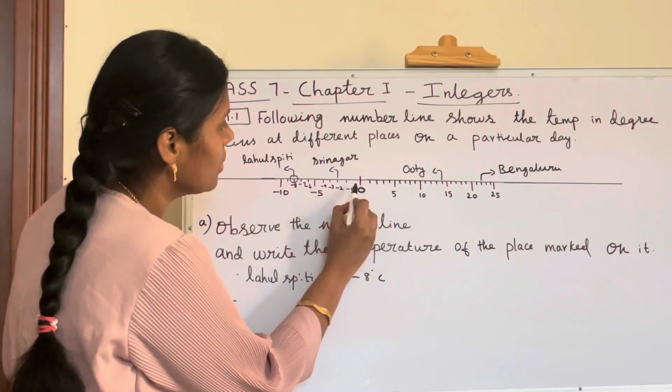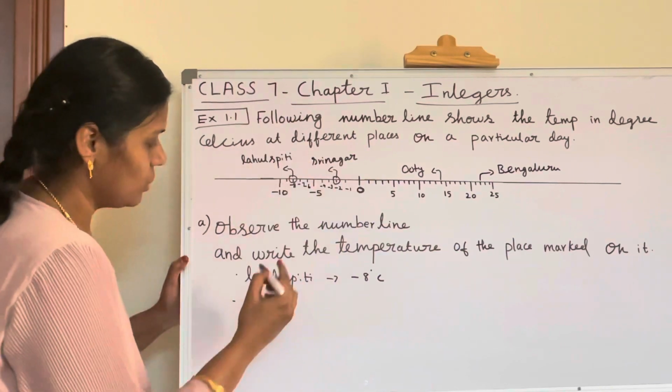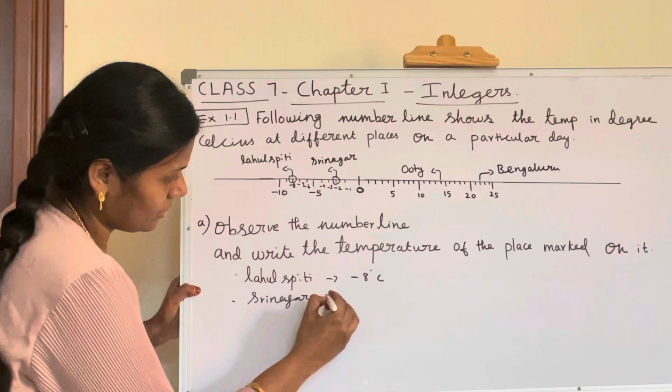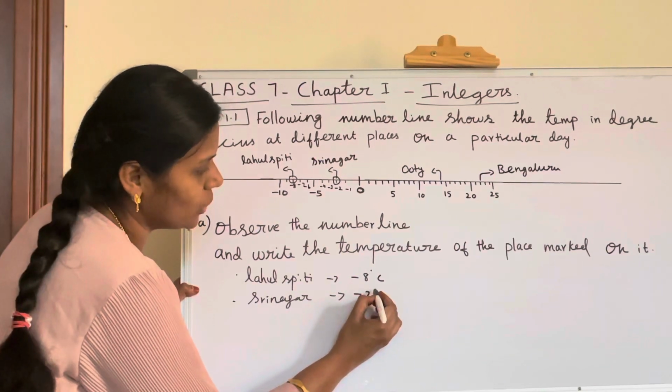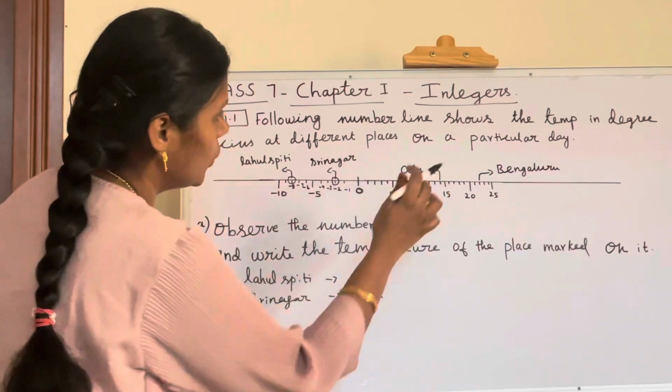The next place, Srinagar. Okay, -1 and -2. -2 degree Celsius. Next, Ooty.